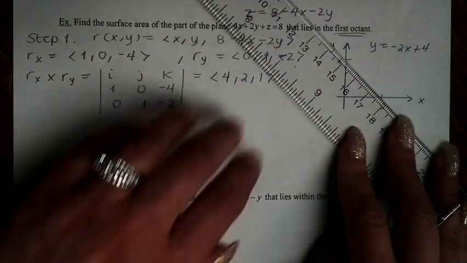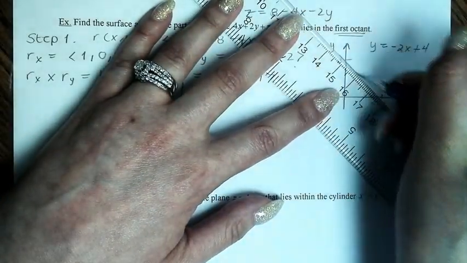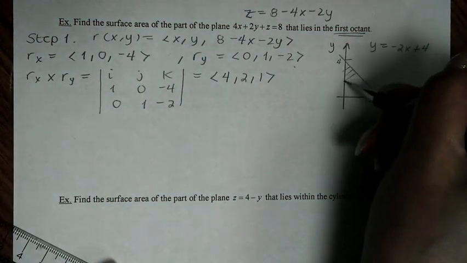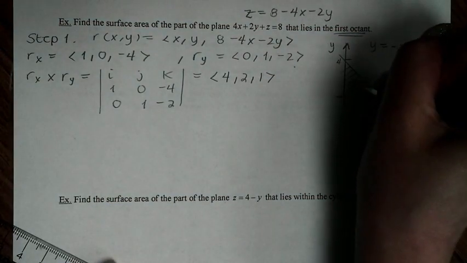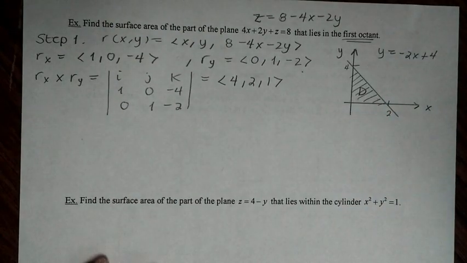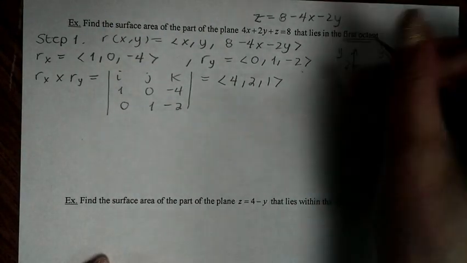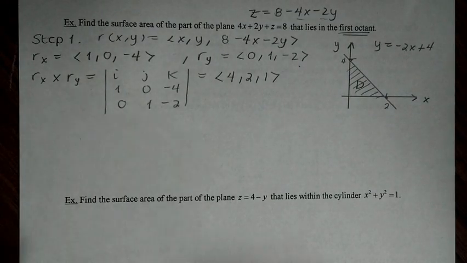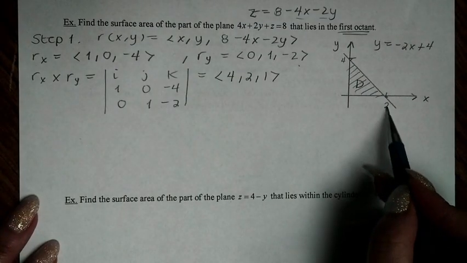Please remember, this is not proportional, but it's so you can see what's going on. The area that we're interested in is this one. This is what we call D, and you can see that it comes from here, here, and this one, and the intercepts here.